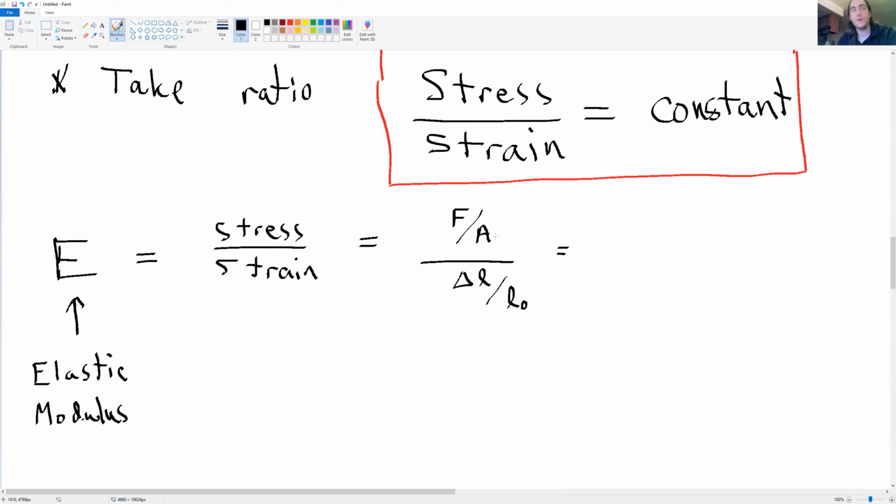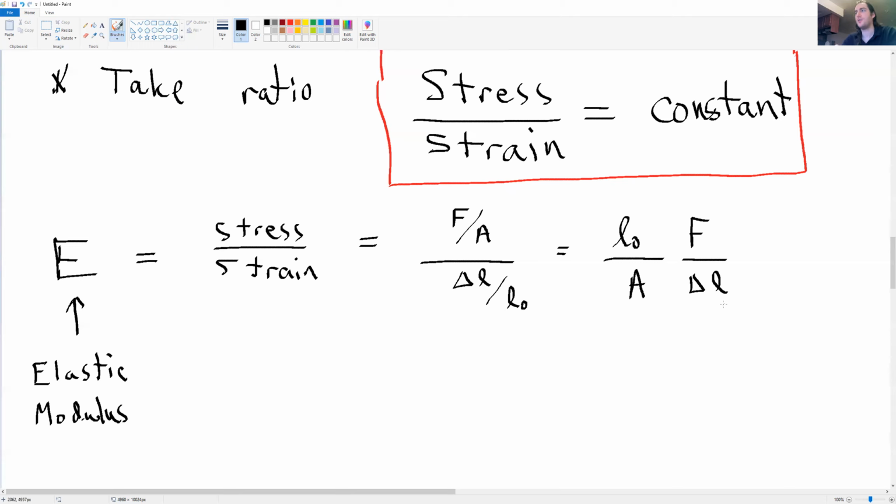Okay, so let's go ahead and now organize the equation a little bit. Actually, let's put the L0 on the other side. So L0, F over delta L. We have L0 on top, and we have A on the bottom, right?